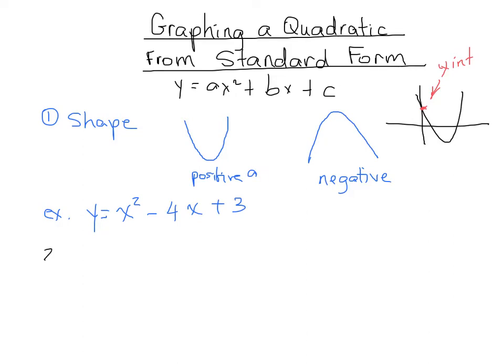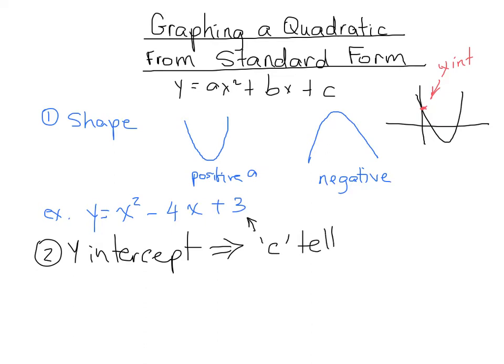And now we can figure out the y-intercept. How do we figure it out? Well, the c value tells us the y-intercept. How does it do that? If you take a look at our graph, on the y-axis, x will be 0.